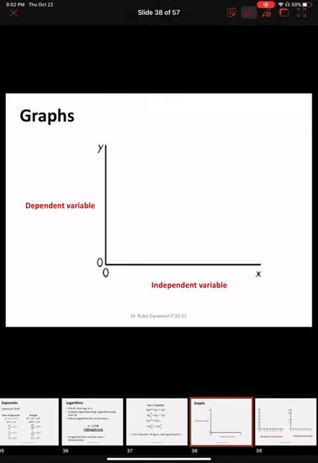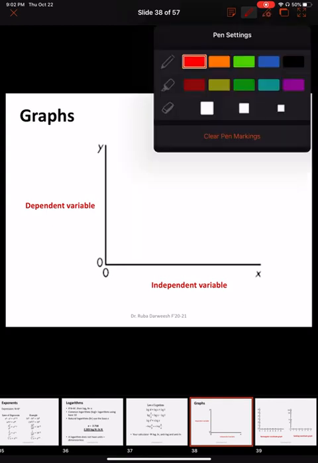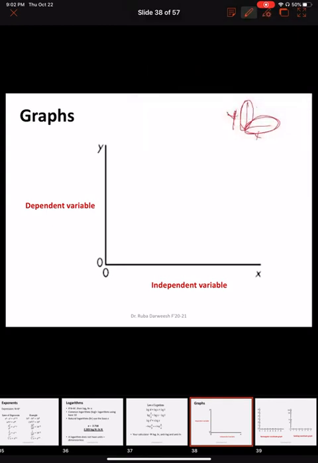For graphs, in general, you know that we have y versus x, right? Positive y-axis versus positive x-axis. Whatever is changing with the other one, we call it the dependent variable, and which is not changing compared to the other one, we call it the independent variable. Example that we have: concentration versus time.